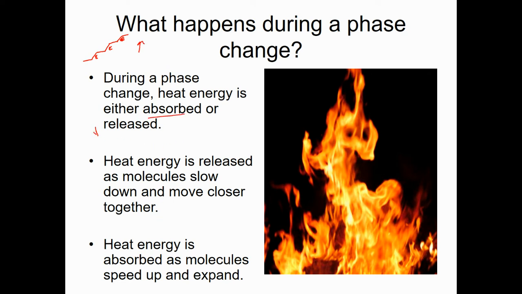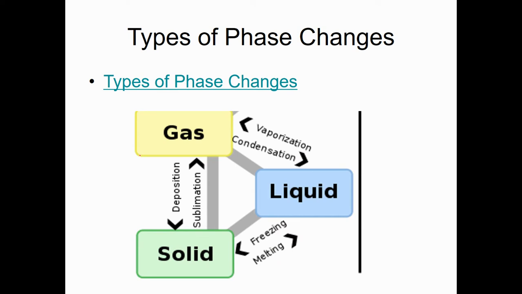If you're going down, you're releasing heat, okay? And that's really what's governing the phase change. That heat energy is transferred based on the molecules touching or not touching, or how fast they're moving. If you are releasing it, they're slowing down and getting closer together. If you're absorbing it, they're moving faster and getting further apart.